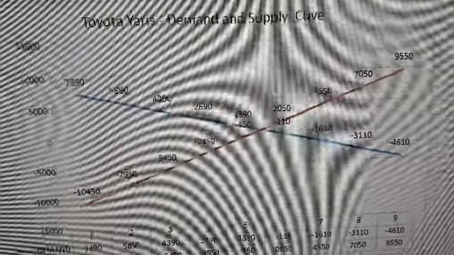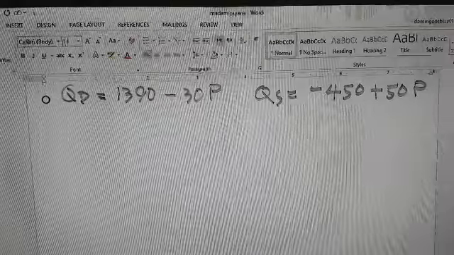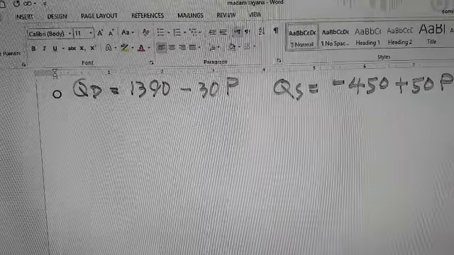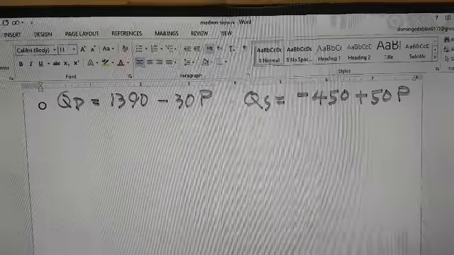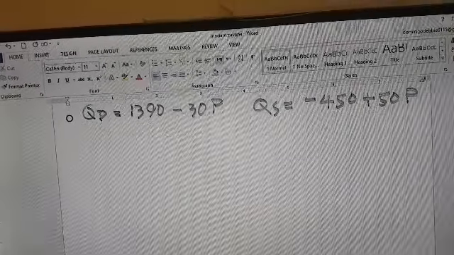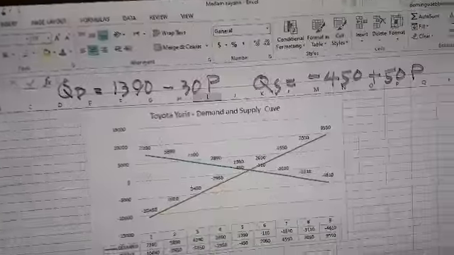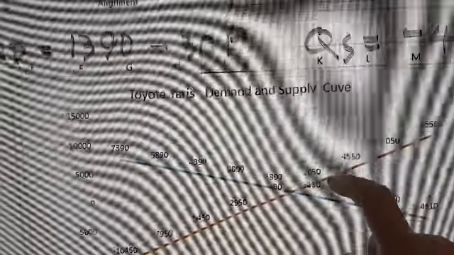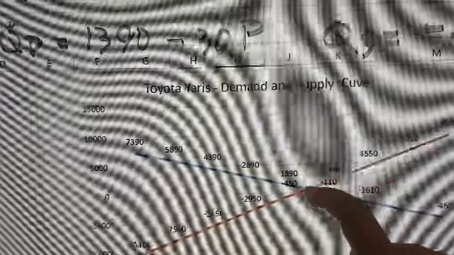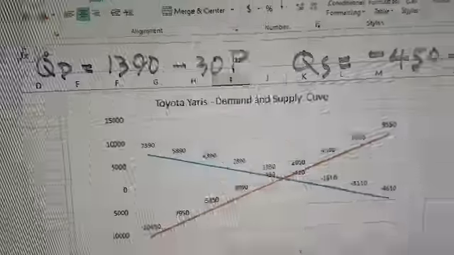Okay, so let's go back to the two equations. When the demand and supply will be equal, which is the intersection of the two lines, as you have seen from the graph, the demand and the supply will be equal at this point, at the intersection.